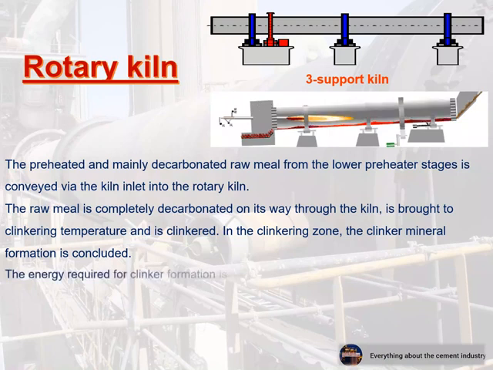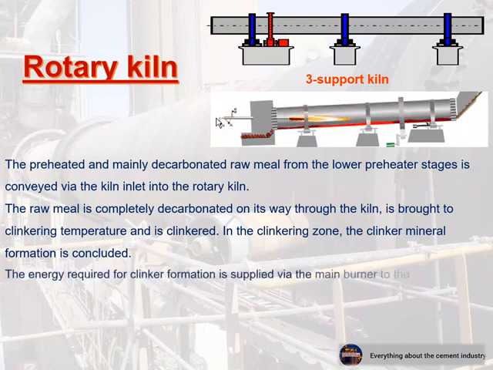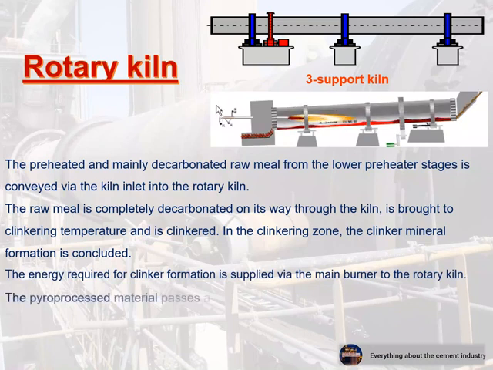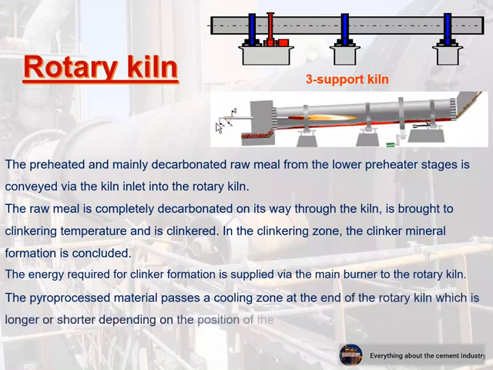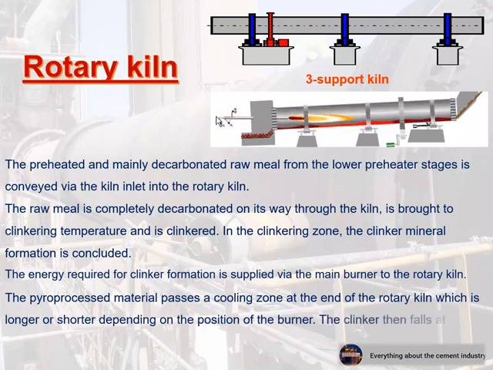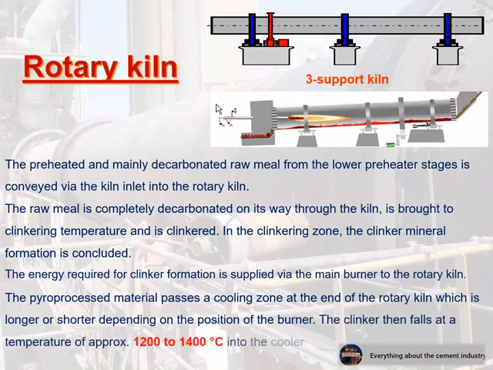The energy required for clinker formation is supplied via the main burner to the rotary kiln. The pyroprocessed material passes a cooling zone at the end of the rotary kiln, which is longer or shorter depending on the position of the burner. The clinker then falls at a temperature of approximately 1200 to 1400 degrees C into the cooler.